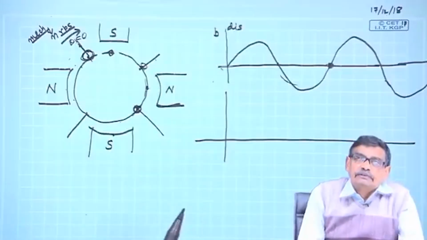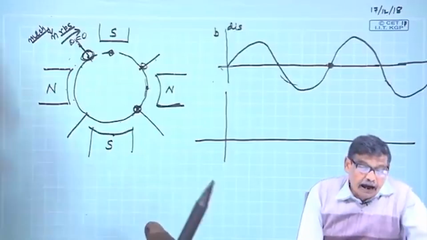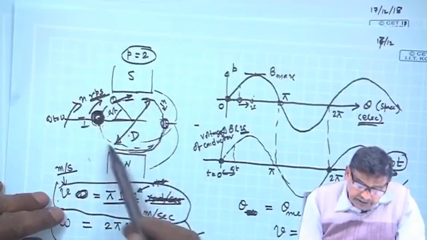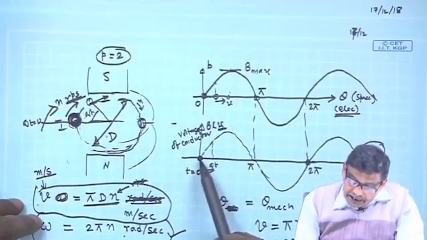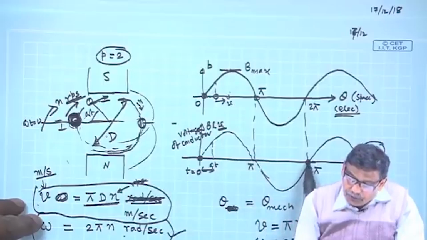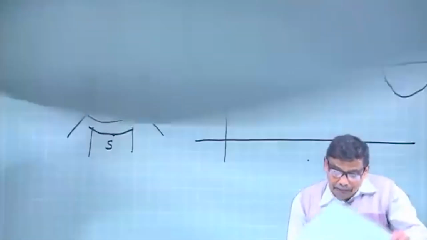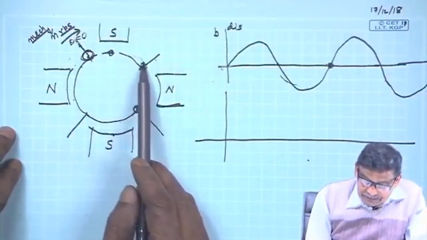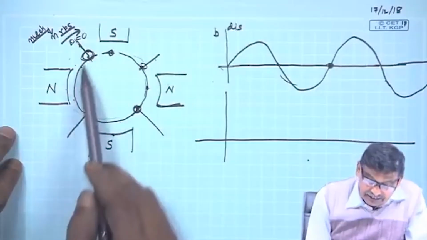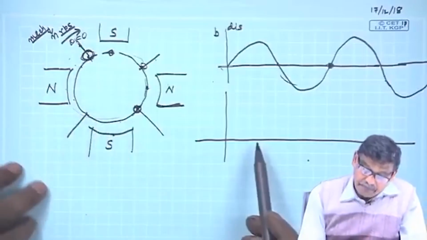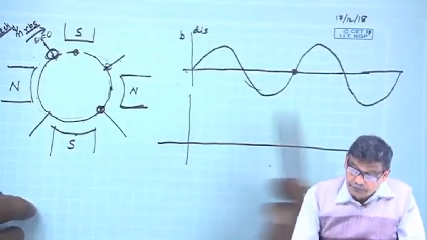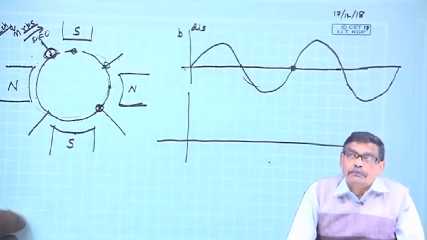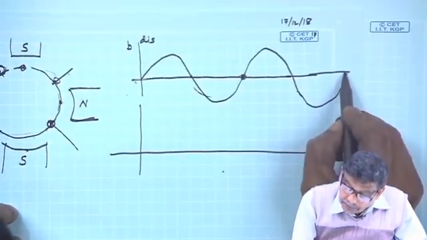That is the thing. In the earlier case, when the conductor moved 360 degrees mechanical, your EMF also produced one cycle. But here you can see, when the conductor has moved 360 degrees mechanical, 2 cycles of EMF will be produced. That is what I want to tell.